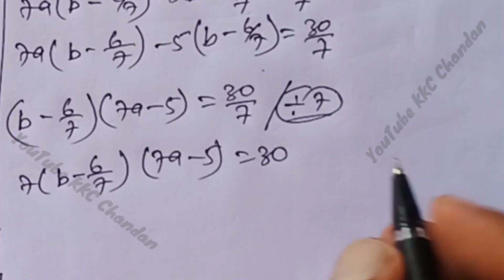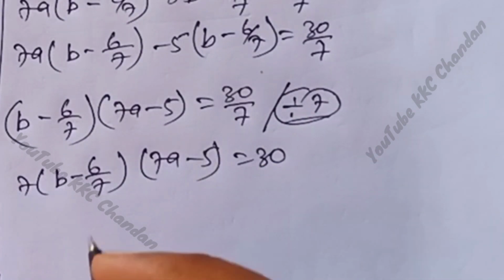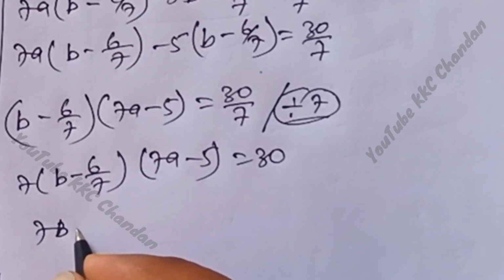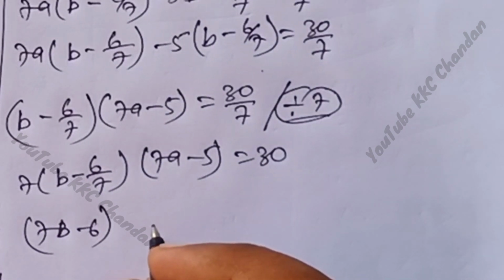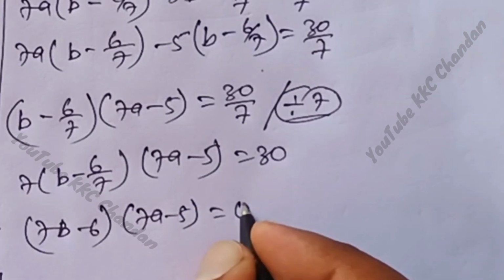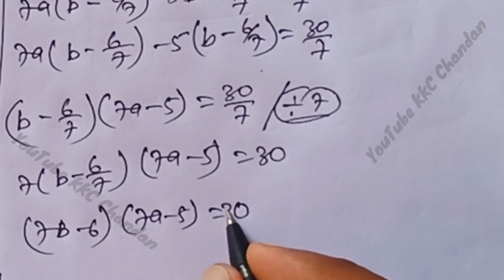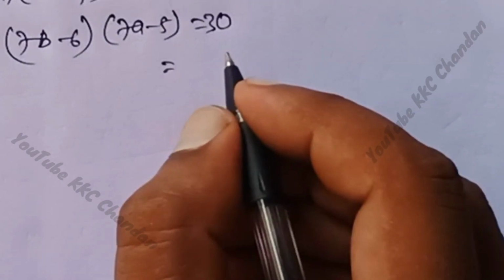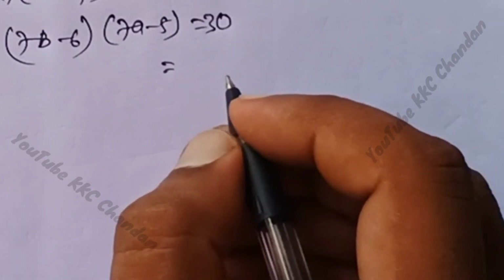After that, bracket 7b minus 6 bracket close into bracket 7a minus 5 bracket close is equal to 30. What are the factors of 30? Here there are 8 factor pairs.